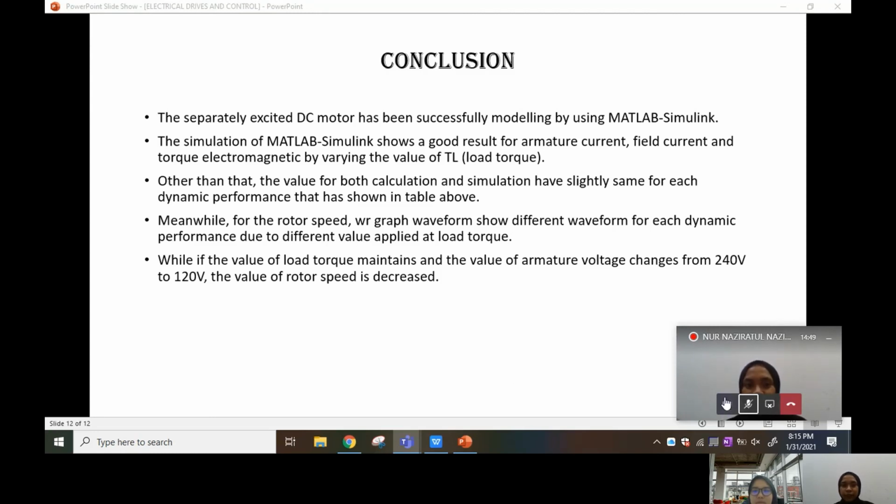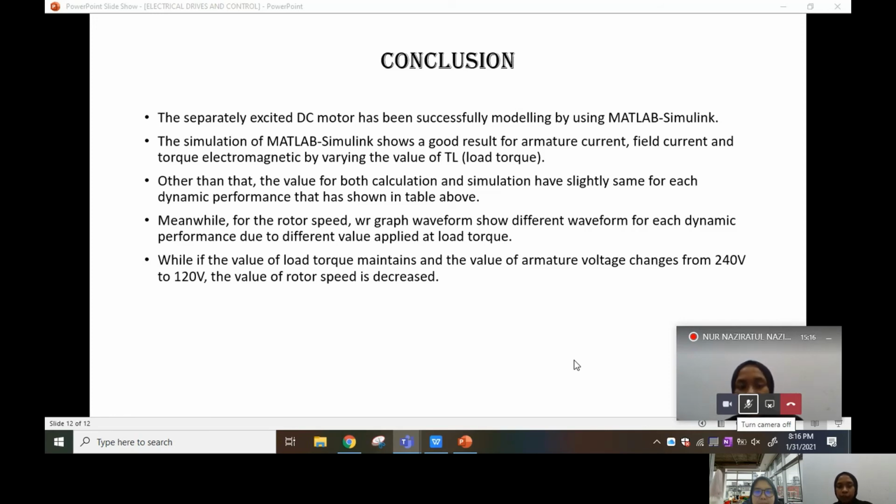Next, for the conclusion, we can conclude that the separately excited DC motor has been successfully modeled by using MATLAB Simulink. The MATLAB Simulink simulation showed good results for armature current, field current, and torque by varying the value of load torque. Other than that, the values for both calculation and simulation are slightly the same for each dynamic performance, as shown in the previous table.